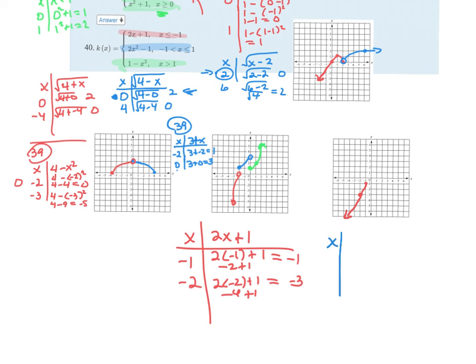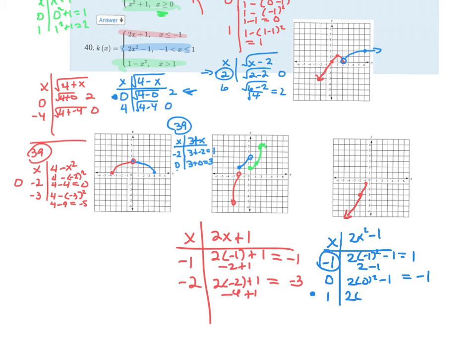So again, I can do my little table here. 2x squared minus 1. And again, I'm going to plug in -1. And I'll go ahead and plug in 0 and 1. This is going to be an open circle. This one will be a solid circle. So 2 times -1 squared minus 1 gives me 2 minus 1, which is 1. 2 times 0 squared minus 1 is just negative 1.